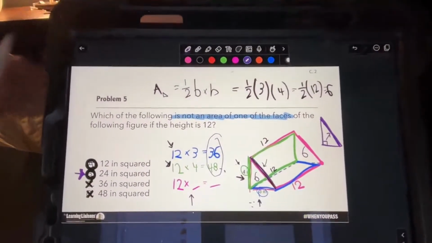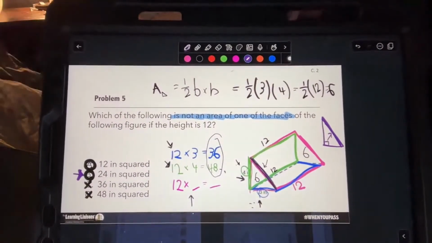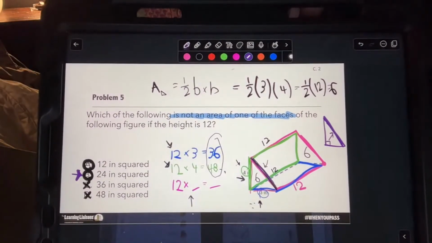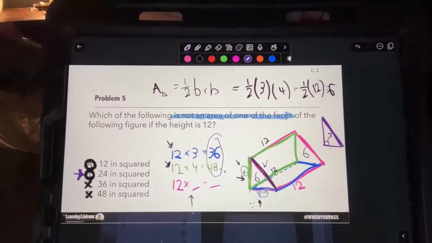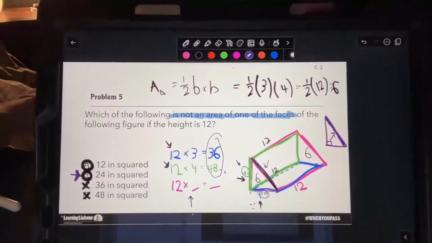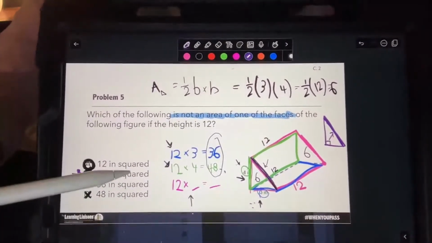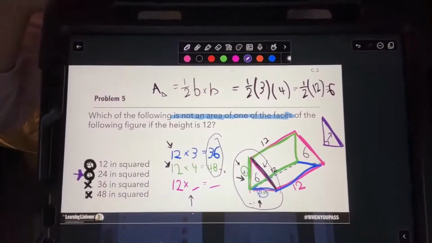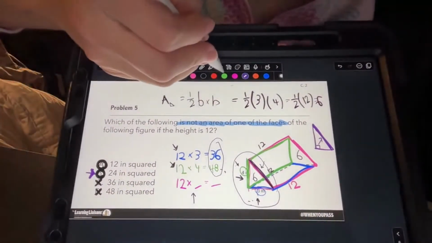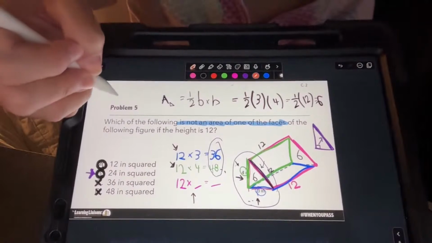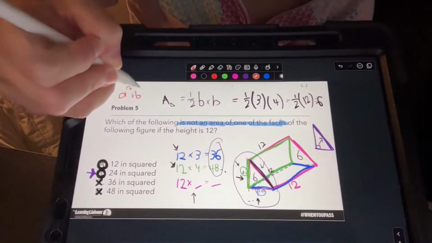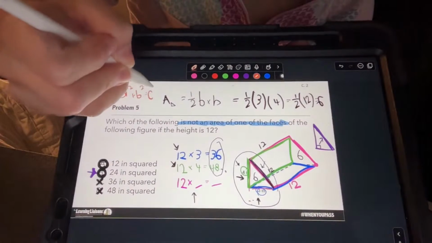Now, you might be asking yourself, Amy, I get all of that, but how do I actually figure that out? Like, if I wanted to know how to figure that side out, how do I do that? Well, GK people, you can. How do you find the missing side of a right triangle? You simply do a squared plus b squared equals c squared.